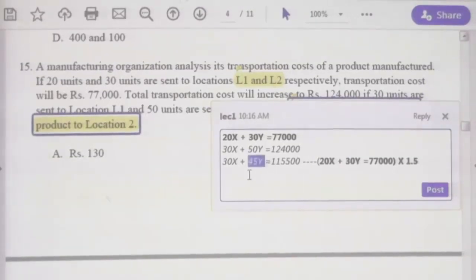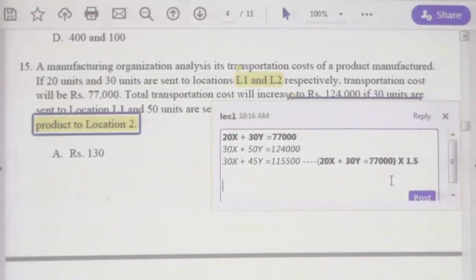Here you can say 50y minus 45y, that is 5y, right, equal 124,000 minus 115,500, that is 8,500.